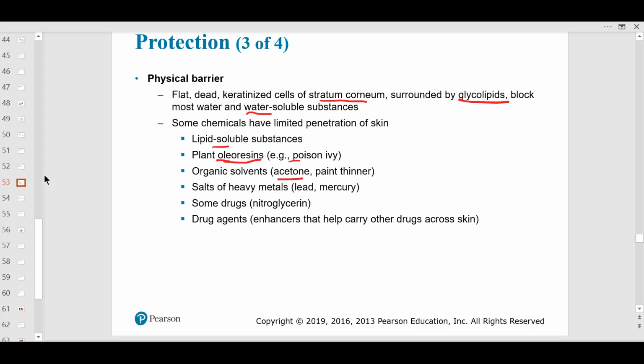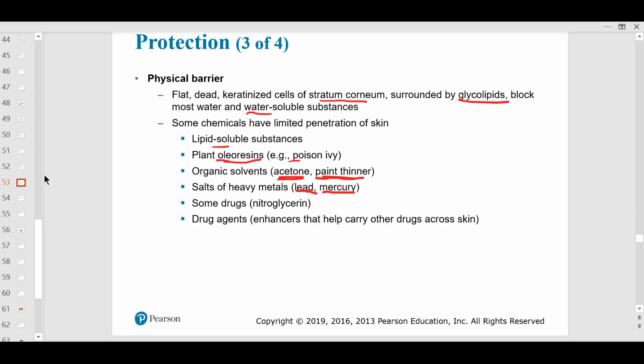And of course, it depends on the concentration of these things, like acetone is in nail polish remover pretty much. So it has a very strong chemical to it, but it depends on the concentration. The lead and mercury, of course, can't get into your skin. Hopefully you don't swallow or eat any of that stuff.